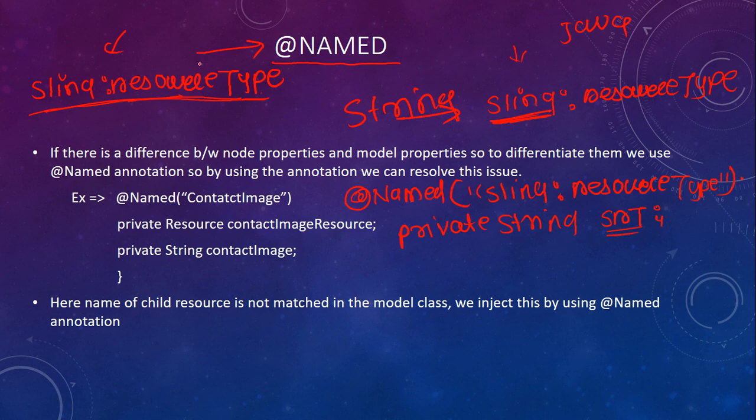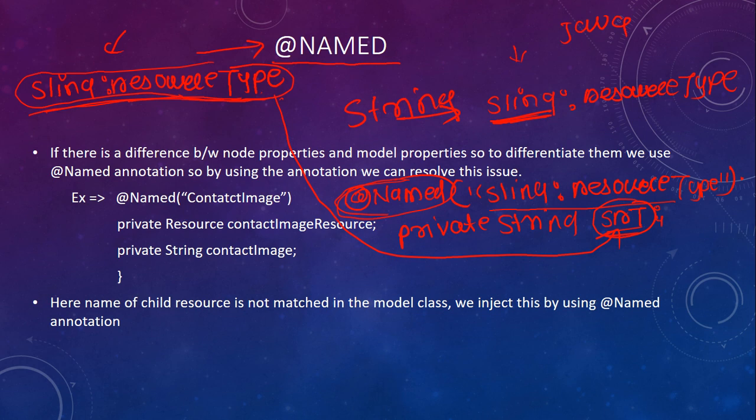Whatever value we have inside this property will come under this slingResourceType. So by using this name annotation, if you want to map this property with this variable, you can simply use it. Do you guys have any issue in this? Yeah.